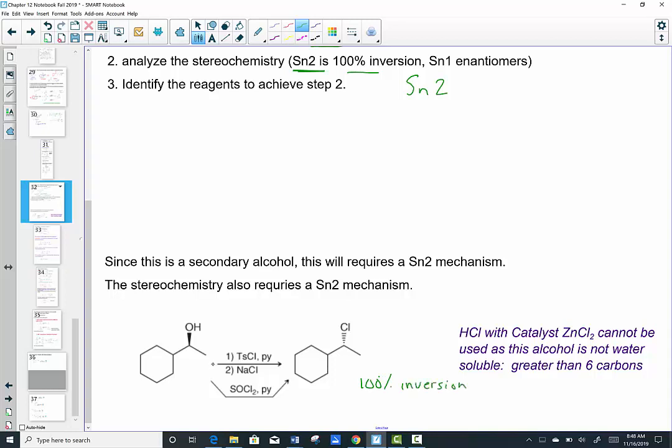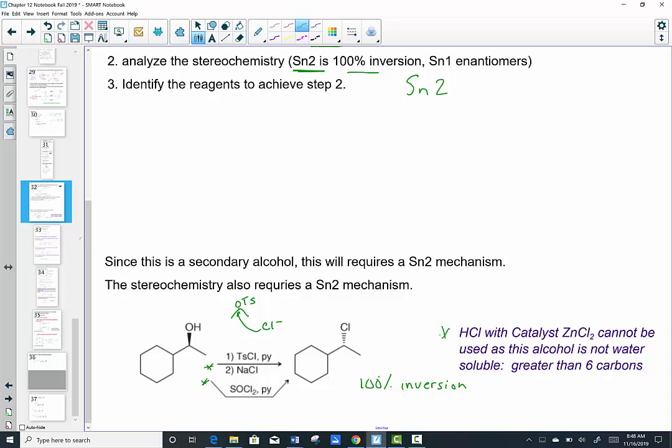That left us with two possible synthesis pathways. The first being to tosylate the alcohol to convert it into a better leaving group, where the chloride nucleophile would then attach and force the leaving group to leave, accomplishing an inversion. Same mechanism really, just SOCl2 followed by pyridine accomplishes the same thing.